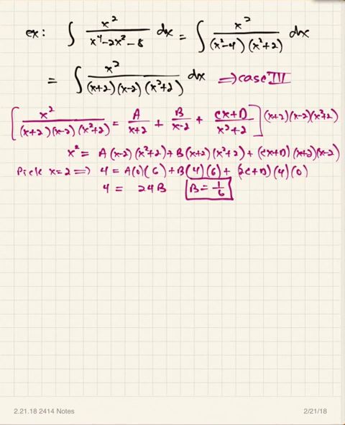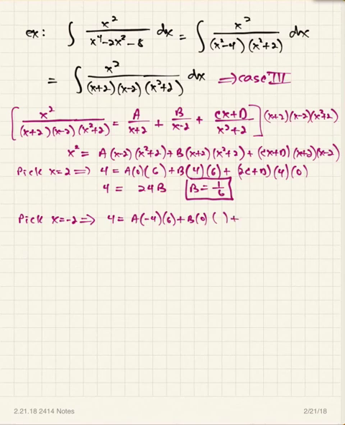All right, so another x value that would be good to pick would be to pick x equals negative 2. So if I pick x equals negative 2, I get 4 again is equal to a times negative 4 times 6 plus b times 0 times who cares, right? Because it's 0.